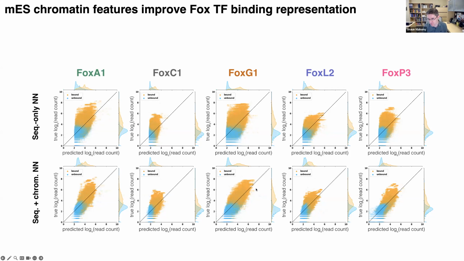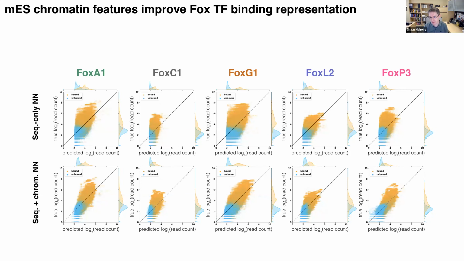These clouds have been drawn more along the diagonal when we introduce chromatin information into the training process. So these networks are more accurate when we bring in chromatin information, but does this explain the differential binding that we've observed between these various FOX factors?